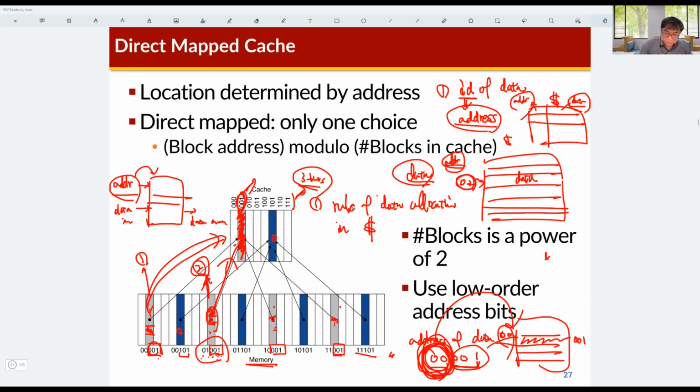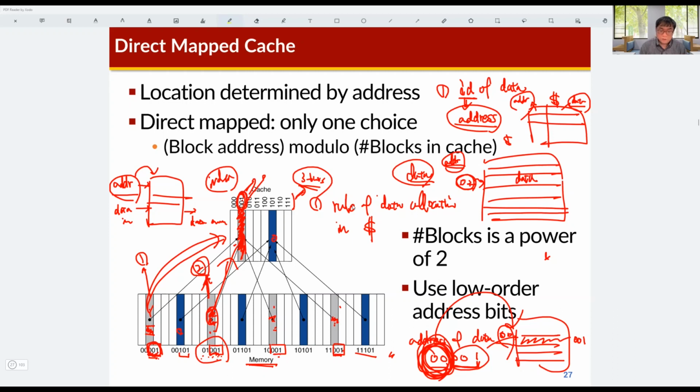In the direct mapped cache, this is the cache block. The data is stored in this cache block, and the lower part of the address is used as the index of the cache. So if certain data has the same lower part of the address, then these data are mapped to the same index of the cache.